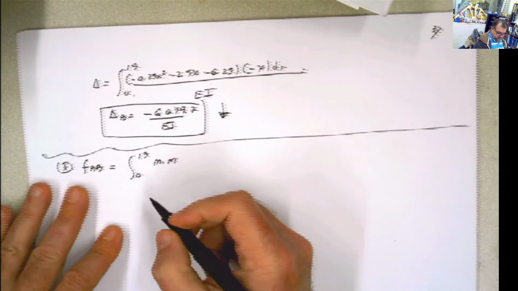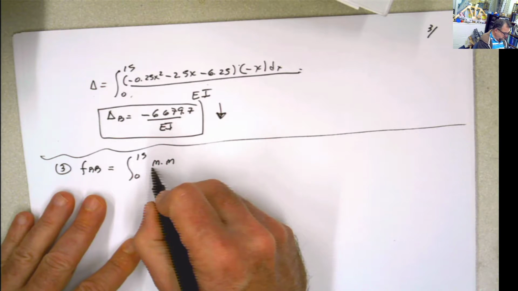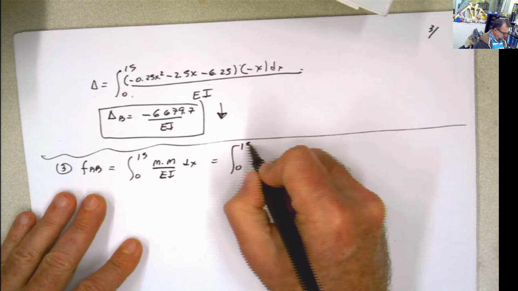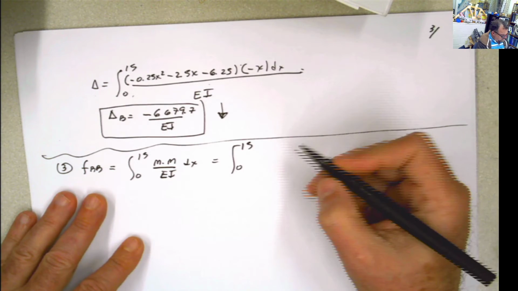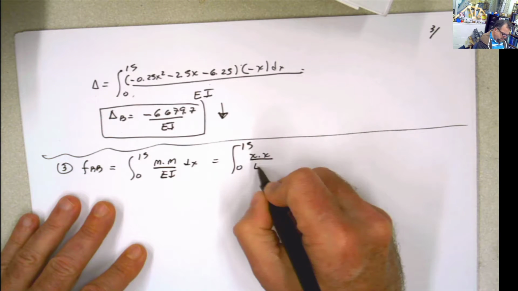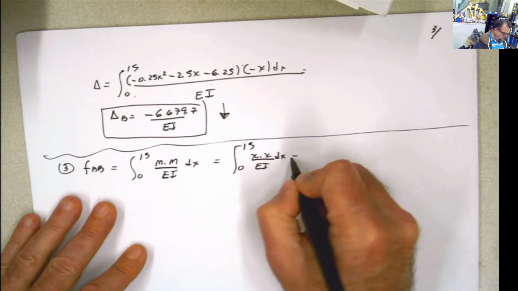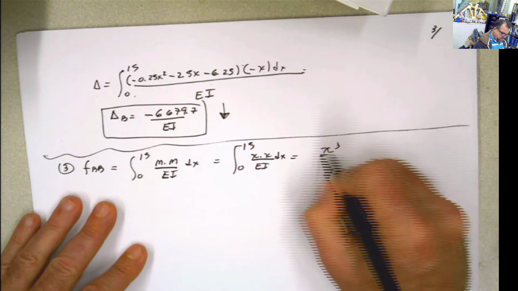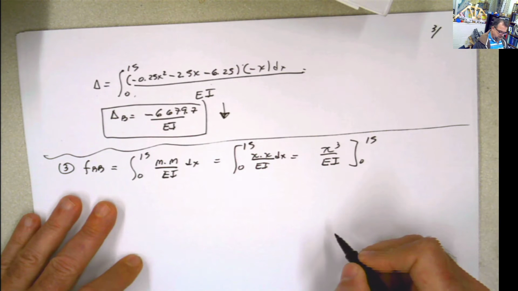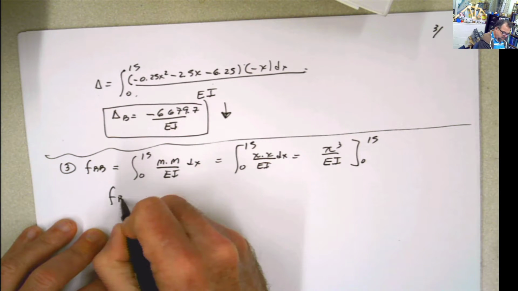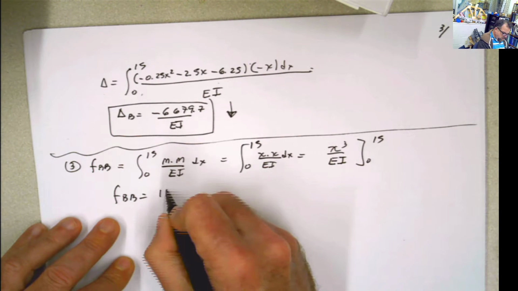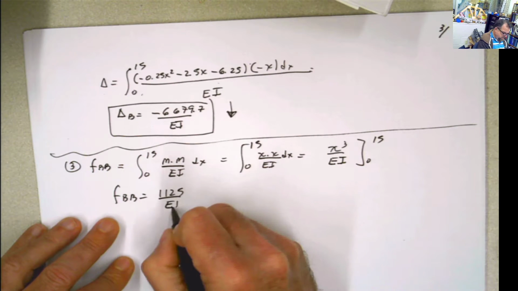The virtual and the real structure for this part are the same, divided by EI dx, or the integral from 0 to 15 of x times x divided by EI dx, or x to the third divided by EI from 0 to 15. That's basically it. So my flexibility coefficient is going to be 1125 divided by EI.